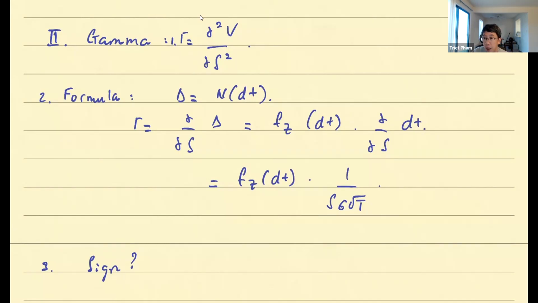And how is the density of a normal? The density of a normal is always positive. So the gamma is always positive. Okay? The gamma is always positive.